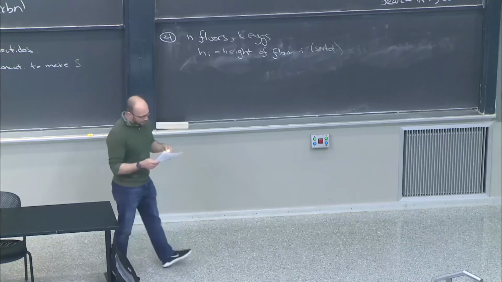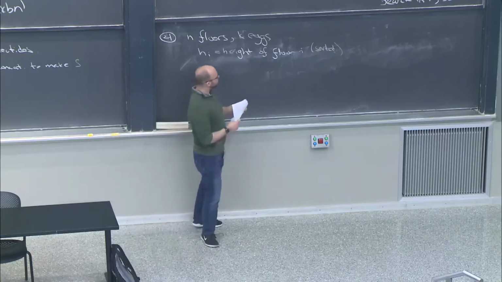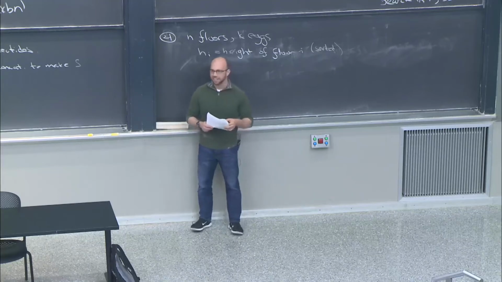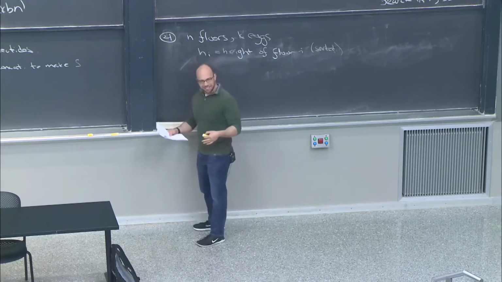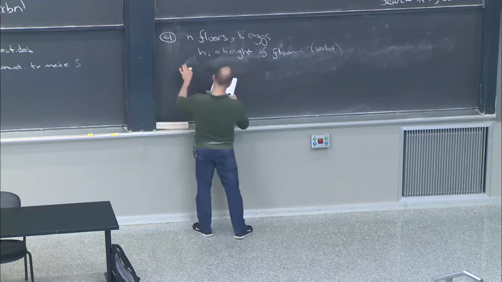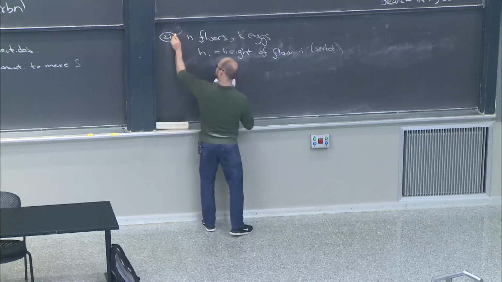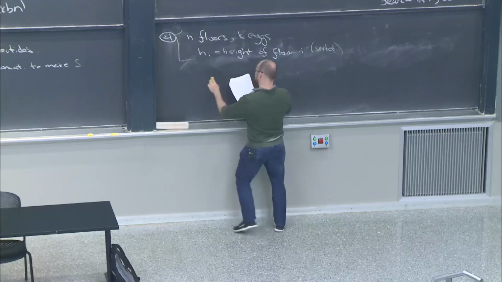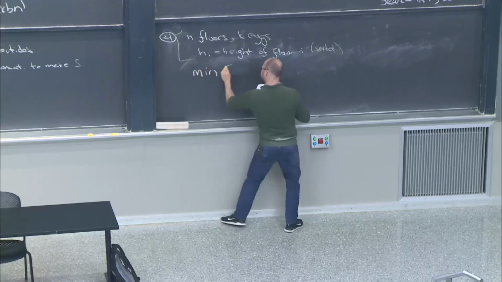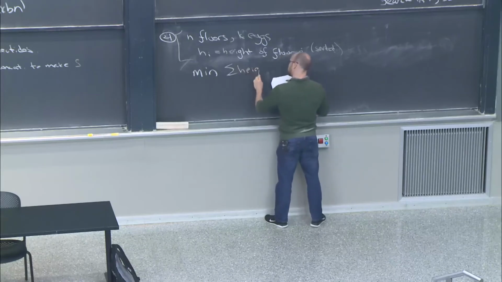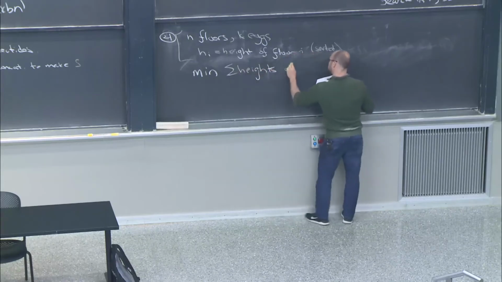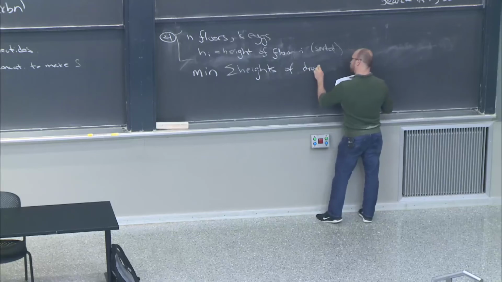And maybe in your optimization problem, rather than trying to minimize the number of eggs that you break, you're trying to minimize the expense on your quads. You skipped your leg day or whatever, and the thing that you're trying to minimize is the sum over the heights of the drops in your experiments, right?